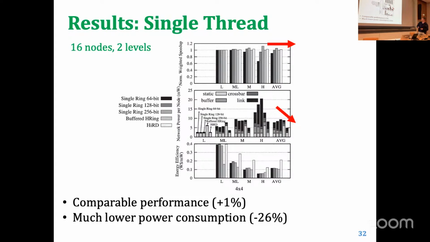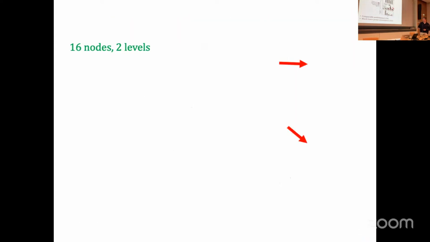And as we can see, the performance of HIRD is basically comparable to the one of the highest ring, and it even beats the buffered hierarchical ring, which is the baseline that we are using. But the big advantage is that we have a much lower power consumption, 26% less. And if you look at the graph with the energy efficiency, HIRD is winning against everything else.